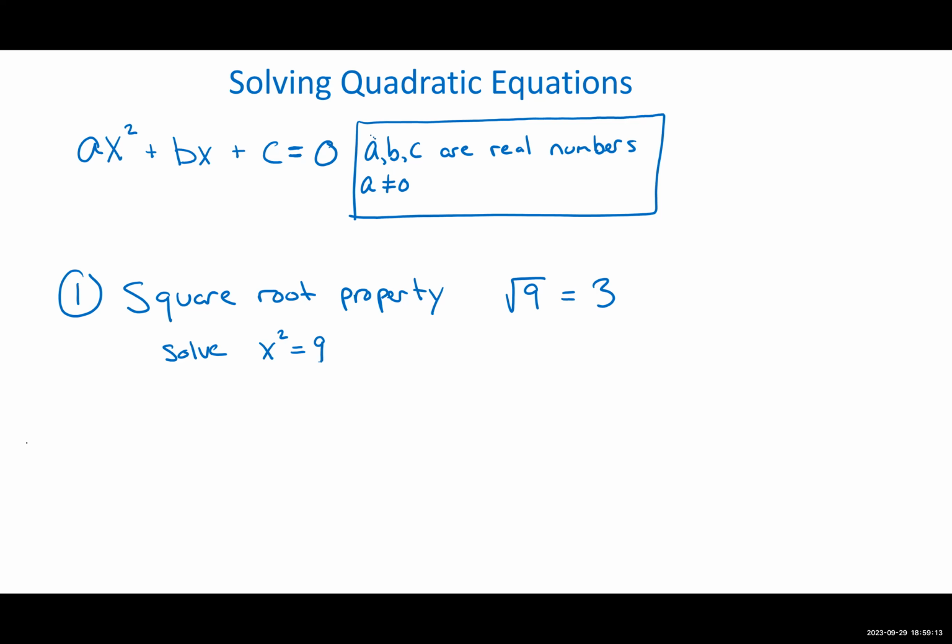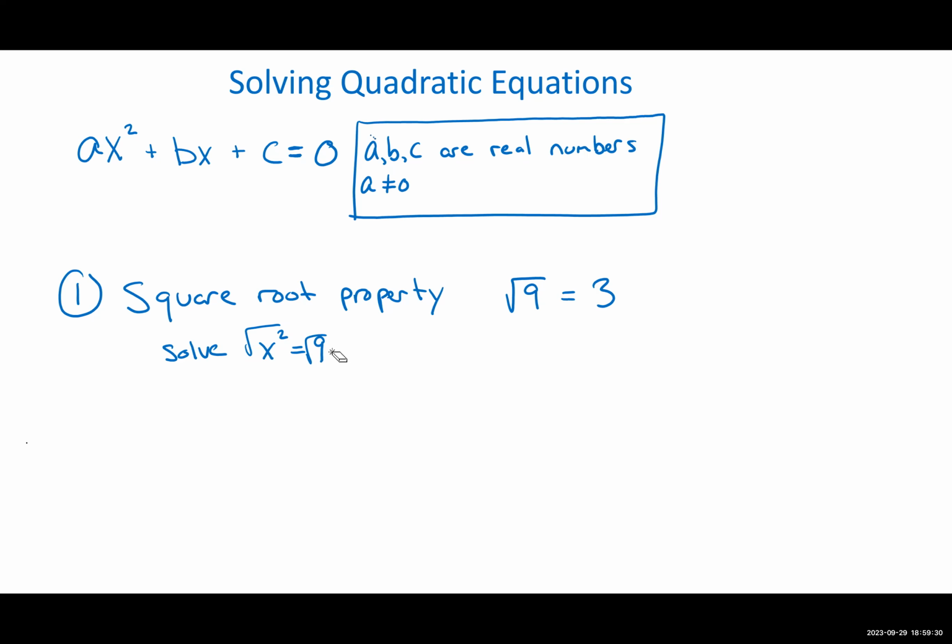So something squared is equal to 9. And if you take the square root of both sides, you might say, okay, well, the square root of x squared is x, and the square root of 9 is 3, so we get x equals 3.